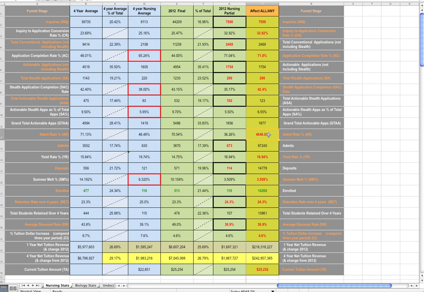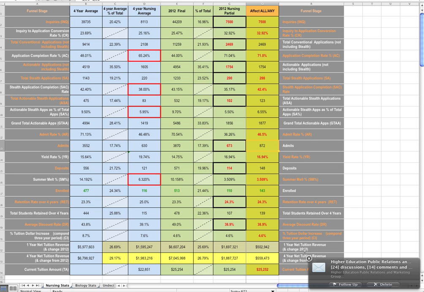Oh, if I would enter it correctly, it might help. 0.4648. Admitting more students, obviously the yield probably is going to be a little bit higher, and we're talking about a $500,000 increase. And then our yield, we see where yield average is higher than our yield average for the freshman class.